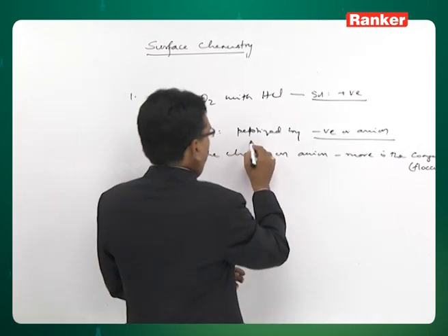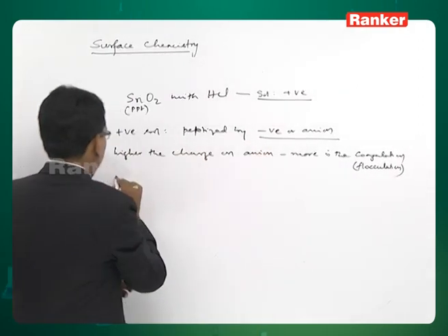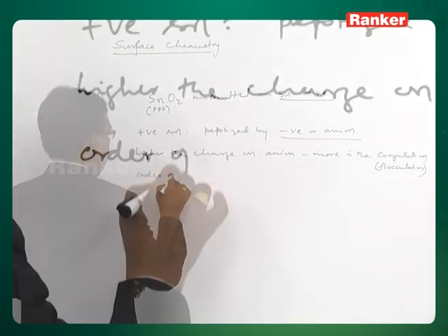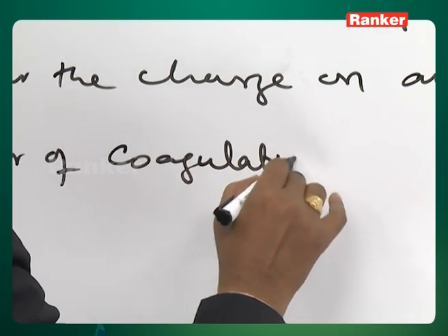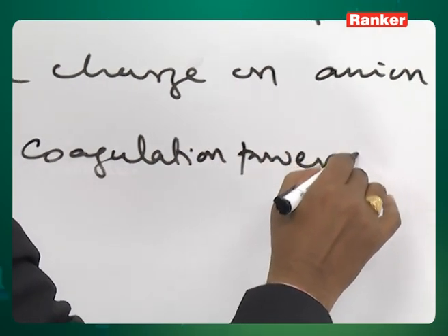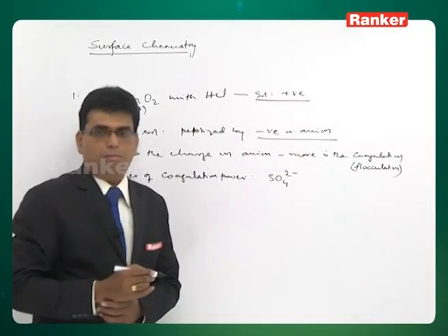So a positive salt is peptized, and so here the order of coagulation power is sulphate and chloride.